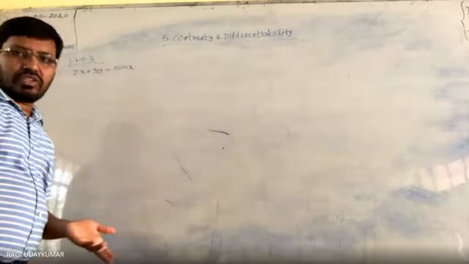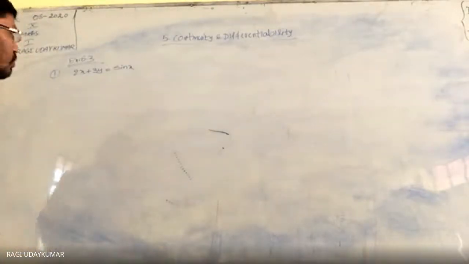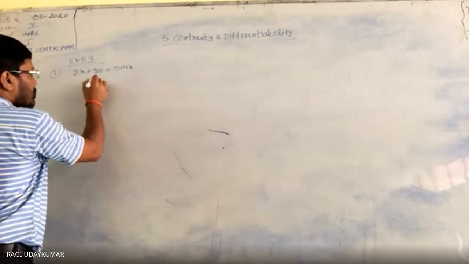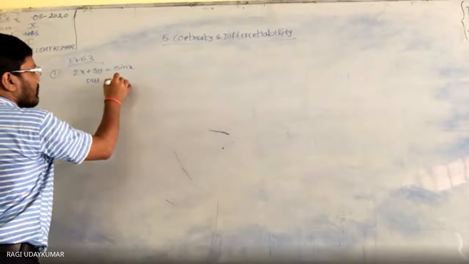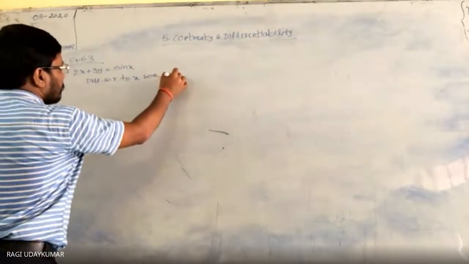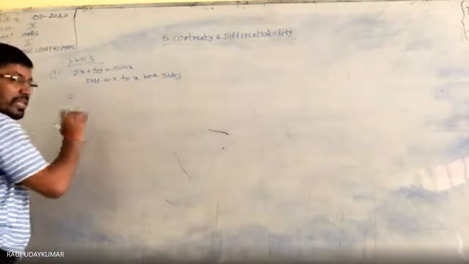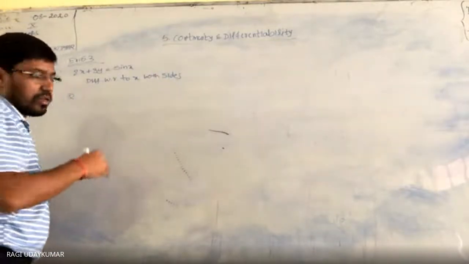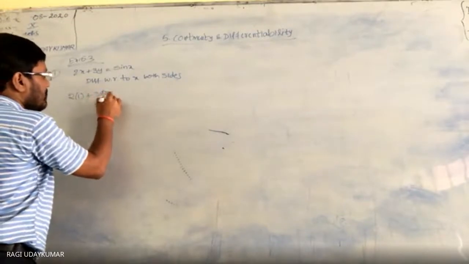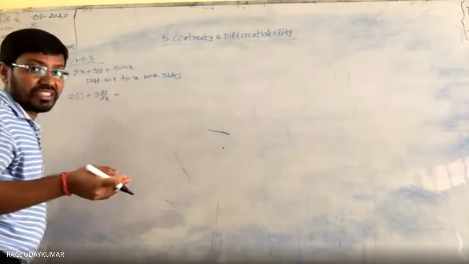So you can do it. dy by dx find out karna hai. So that means you can write here, differentiating with respect to x on both sides. So what you get? 2 into 1 plus 3 dy by dx is equal to sin x differentiation, cos x.